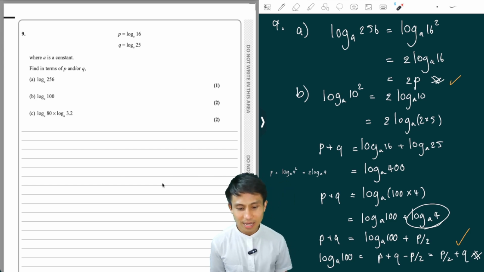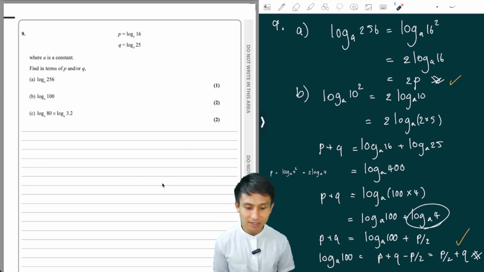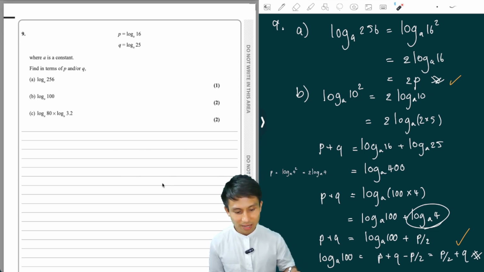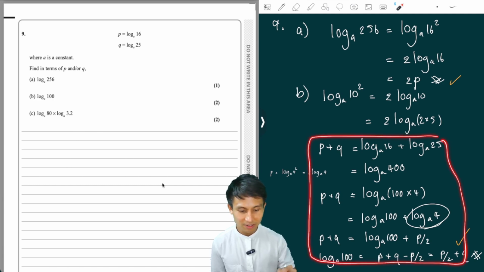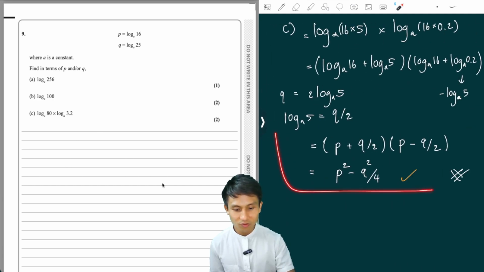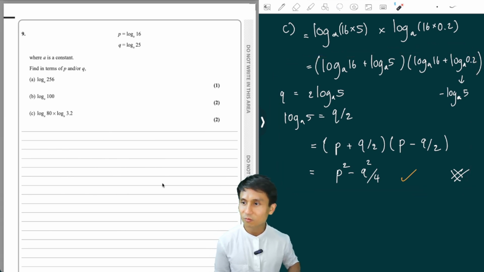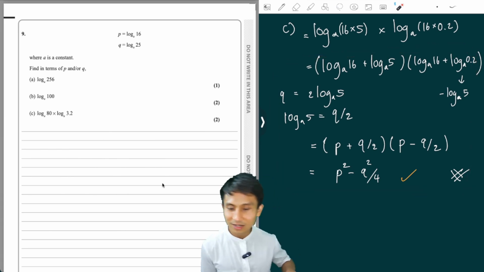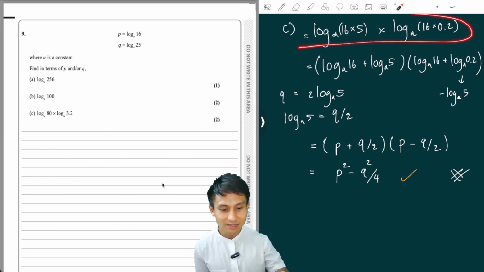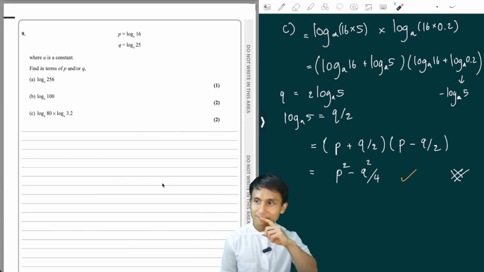So yeah, I hope I explained everything clearly. So you need to maybe pay attention to how I got question B and C there. So I would recommend you go and wind back and check again. Particularly part C. Part C is very tricky, right?